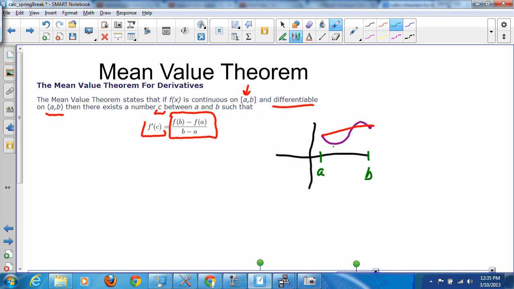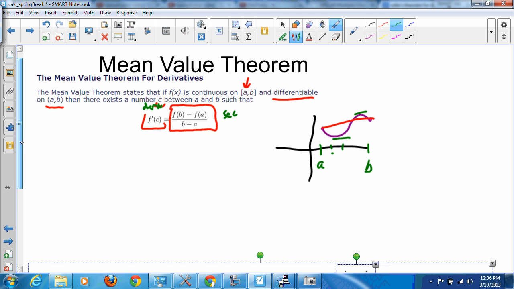So perhaps right here it matches, and maybe again over here it matches. And these values, they call them c.